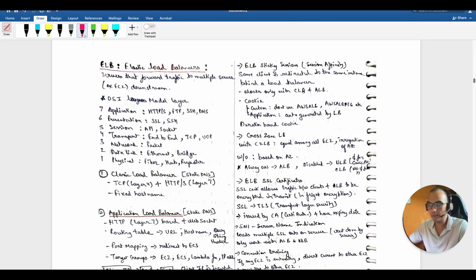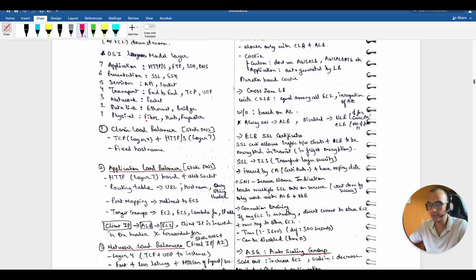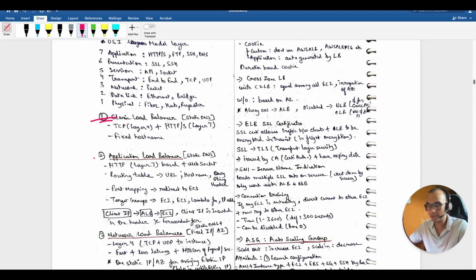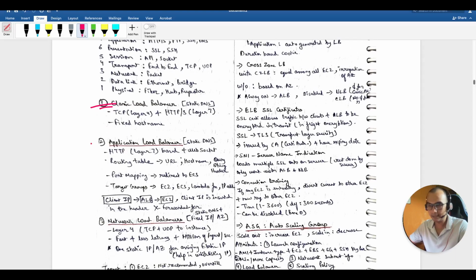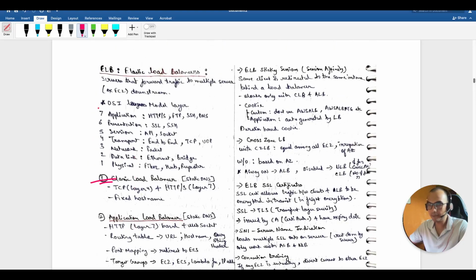we are going to move on to the load balancers, and we have three kinds of load balancers. The Classic one is not used right now, and they have improved it by introducing the Application and Network load balancers. The most important difference is that the Application load balancer works on layer 7. I have made an OSI model layer diagram, and in that the seventh layer is application, then presentation, session, and transport layer.